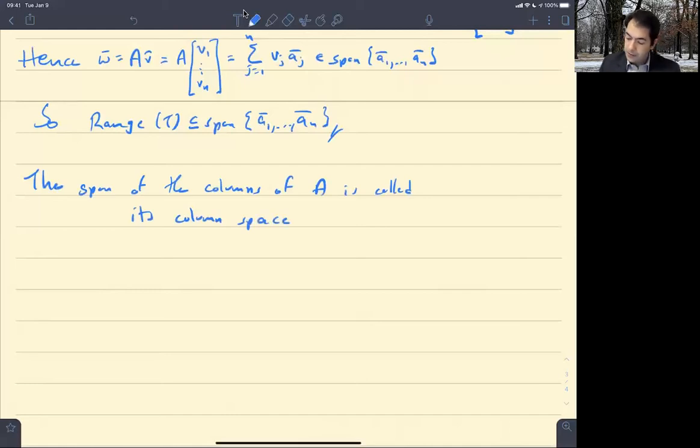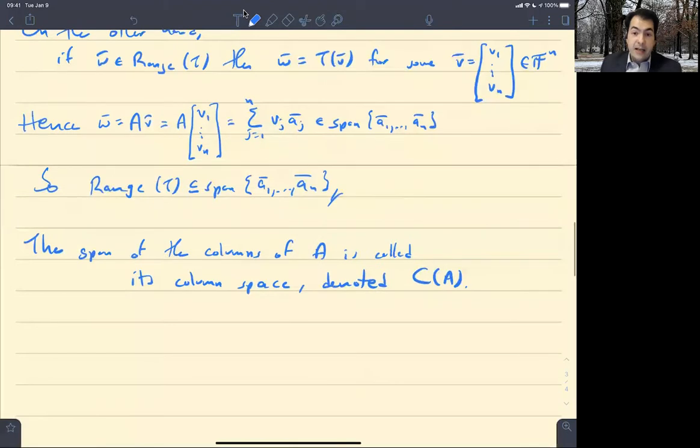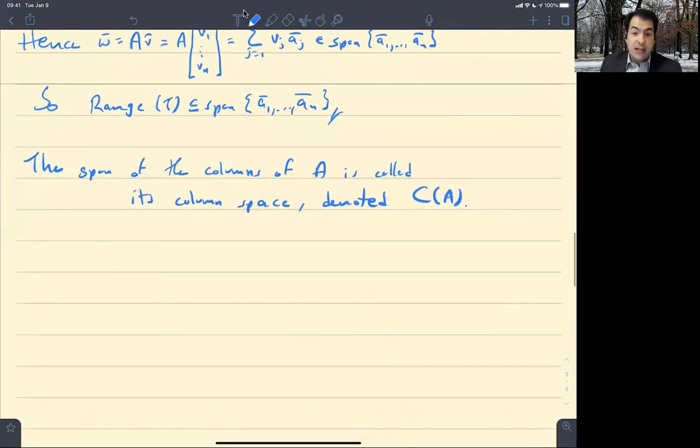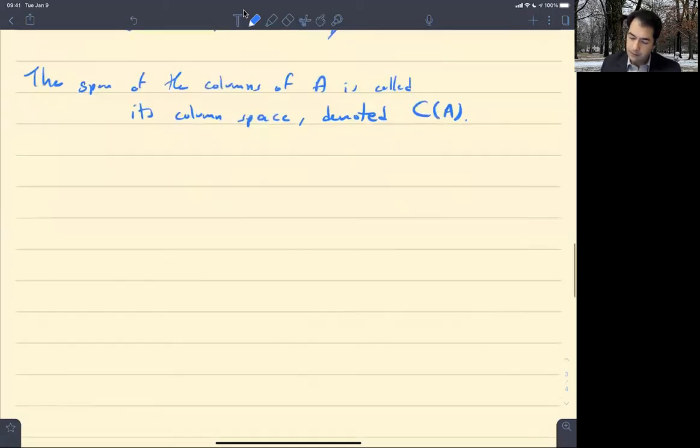Very original, of course. And we denote it C of A. We also talk about the kernel of A, or the null space of A, as being the kernel of the associated linear map. So it would be all of the vectors that get multiplied by A to the zero vector. Okay?